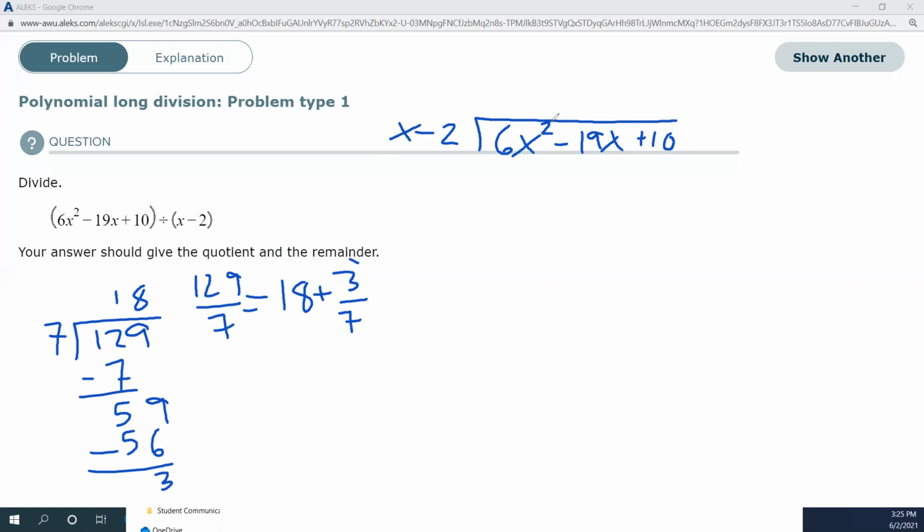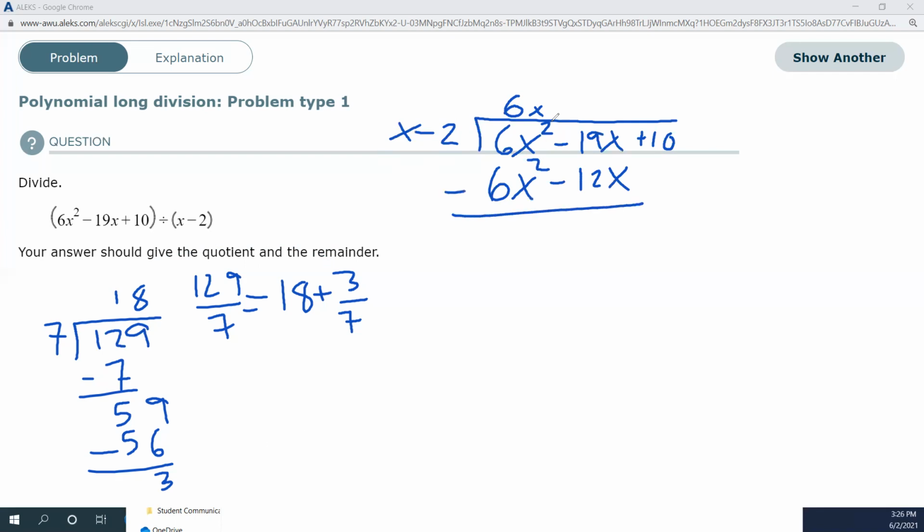Just remember, it's very, very similar to what we did here. So go back to the basics. All righty, so we would say, what do I multiply the first term by to get this first term? Or how many times can I divide it in? Well, I'm going to multiply it by 6x, and then that way 6x times this gives me 6x squared minus 12x.